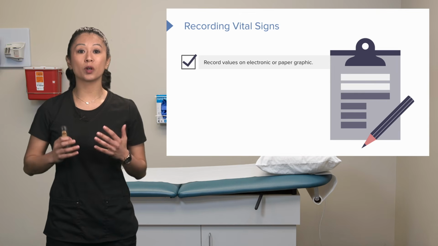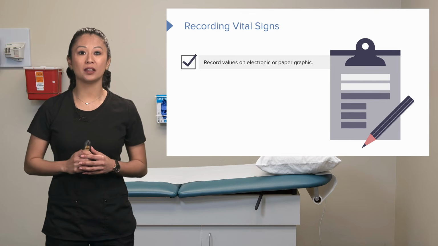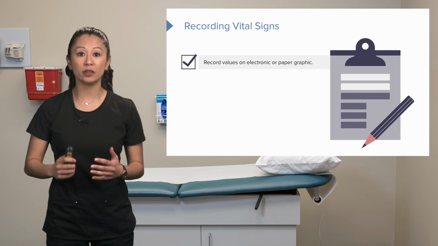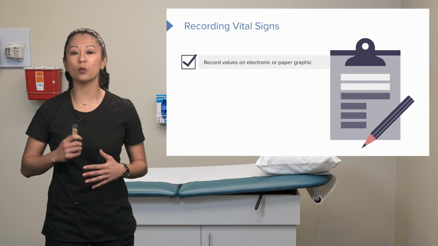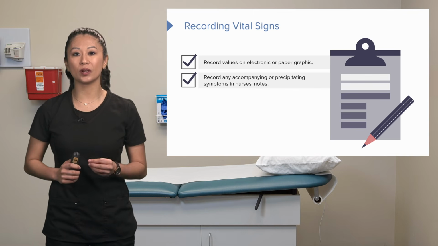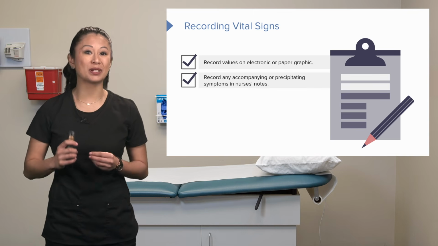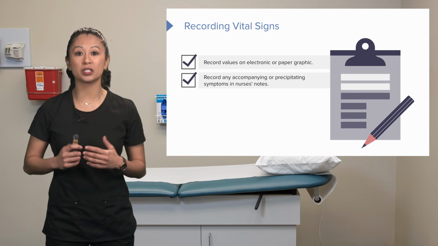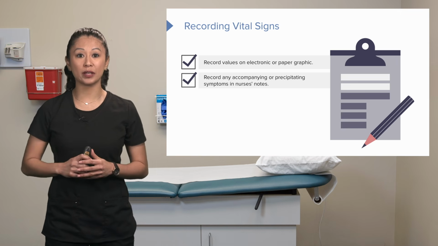In regards to recording vital signs, let's talk about 4 points to keep in mind. We want to make sure we record the values on either our electronic health record or the paper graphic, whatever your facility is using at the time. We also want to record in our nurse's notes if there's any accompanying or precipitating symptoms of a patient's vital signs. This could be key information for the healthcare provider later.